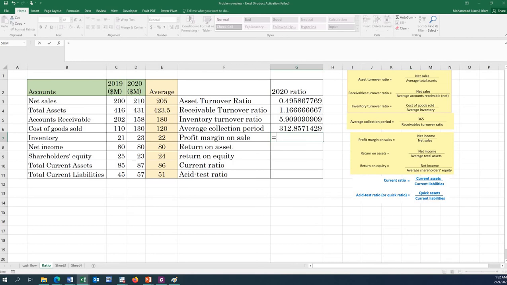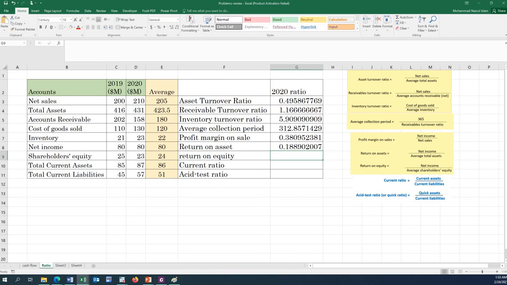Okay, and profit margin on sales is equal to net income divided by net sales. This one. Then return on asset, net income over average total assets. So the average total assets is this one.